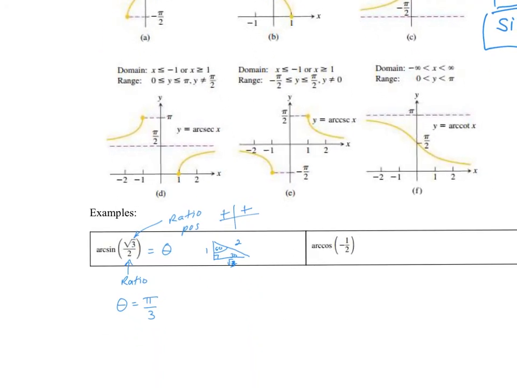Negative pi over 2 is down here, and pi over 2 is up here. So I would need to stay on this side of things in order to be able to get the answer. So that means we must be in quadrant 1, because in quadrant 4, sine is negative down here. So the only answer I can get is pi over 3.